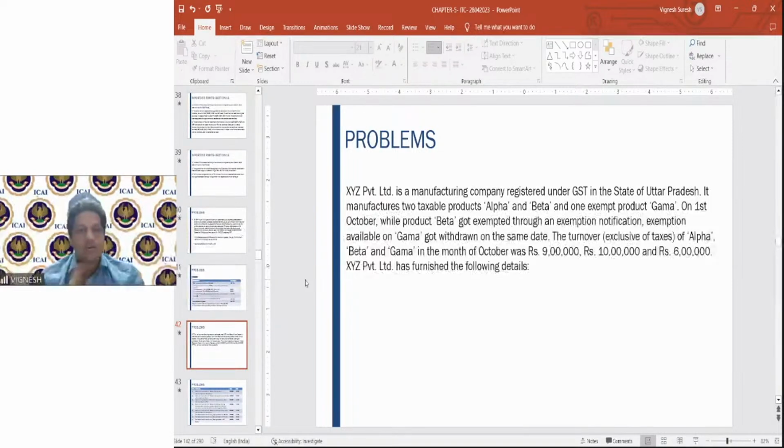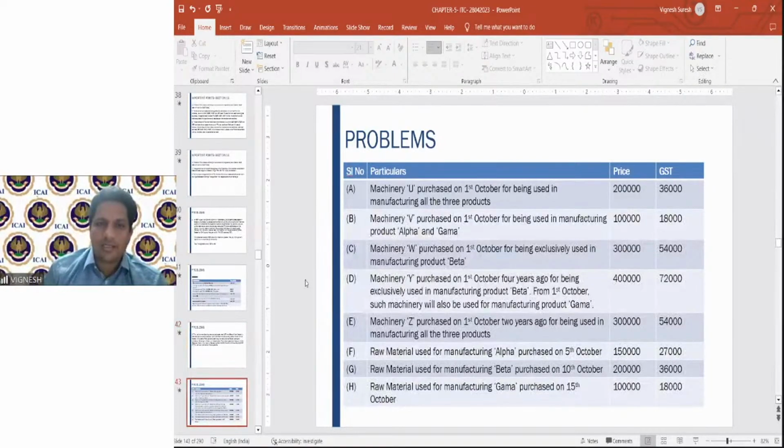Okay. Turnover exclusive. This happened on 1st October. So the case of exempt to taxable, taxable to exempt. The turnover exclusive of taxes of alpha, beta and gamma in the month of October was 9 lakhs, 10 lakhs and 6 lakhs. XYZ has furnished the following details.